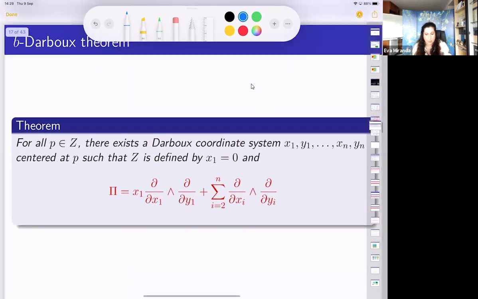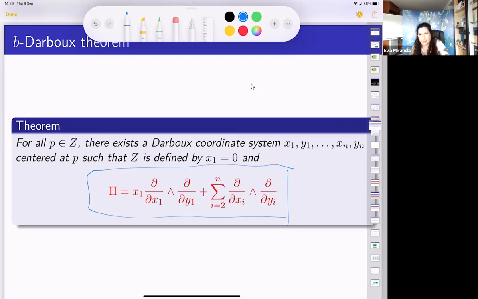I wanted to tell you that we have good news for you. The first one is that we have a Darboux theorem. This is wonderful. If I look at a b-Poisson structure as a Poisson structure and think of the local normal form, I might be tempted to think that, because the Weinstein theorem is so complicated, I don't have a local structure.